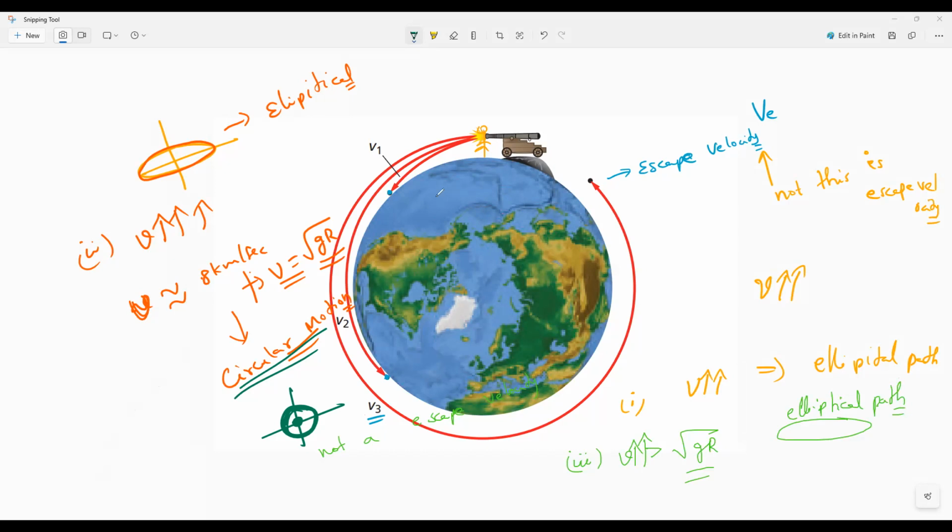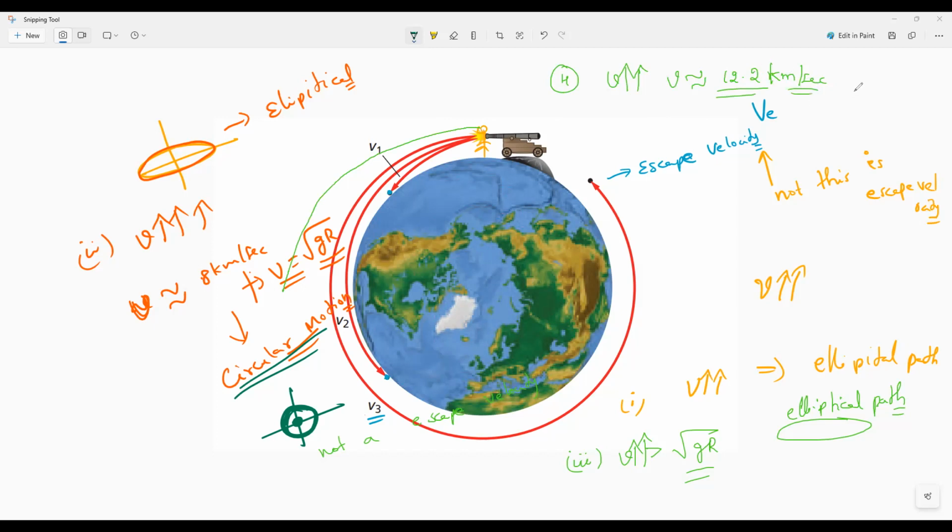Now, fourth point: if this velocity increases again, where velocity is approximately equal to 12.2 kilometers per second, imagine Mr. Pradosh has been thrown with a velocity of approximately 12.2 kilometers per second.